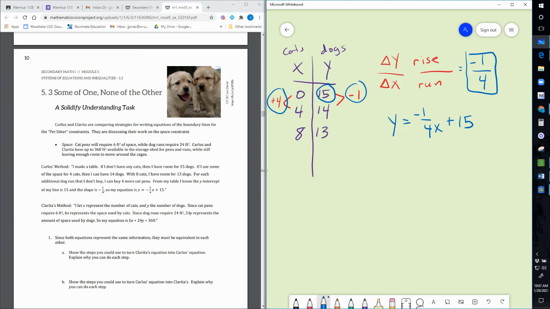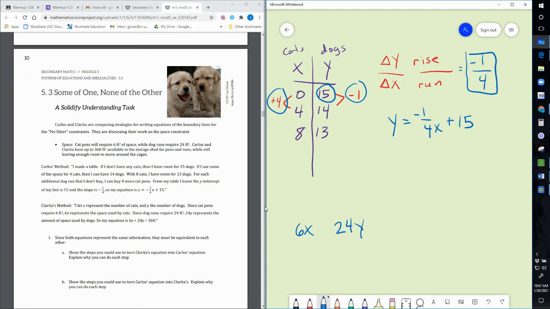Let's look at Clarita's method. Just follow along while I read. I let x represent the number of cats, and y represent the number of dogs. And since cat pens require 6 square feet, then Clarita says 6x represents the space used by cats. And since dog runs require 24 square feet, 24y represents the amount of space used by the dogs.